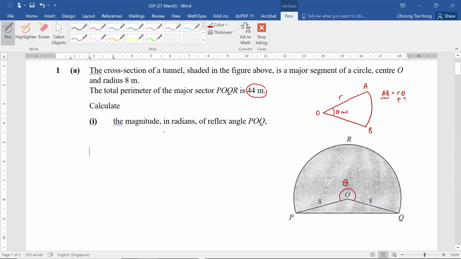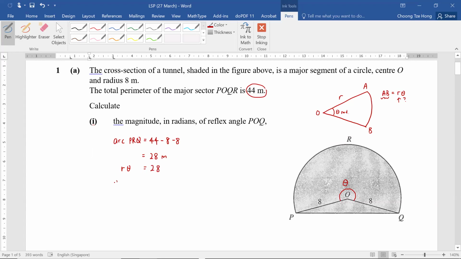Let's go ahead and do the working. Firstly, we find the length of the arc PRQ. Arc PRQ equals 44 minus 8 minus 8, which gives a length of 28 meters. Let's apply the formula: arc length equals R theta. So R times theta equals 28.